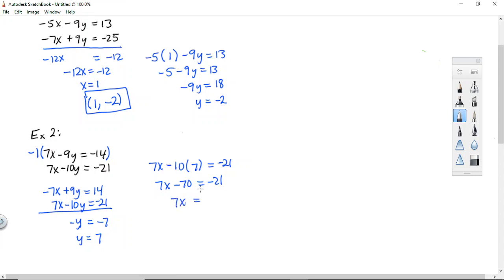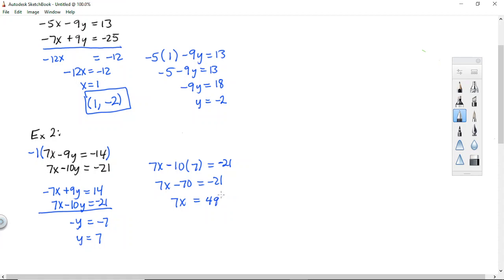On the right we have -21 plus 70, which is 49, right? 7x equals 49.